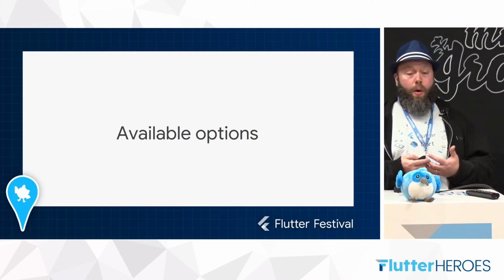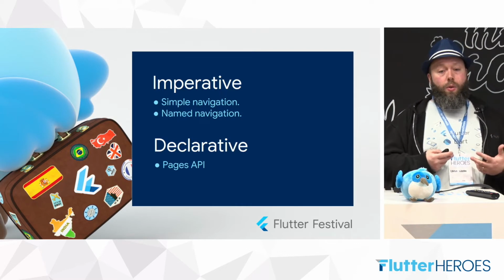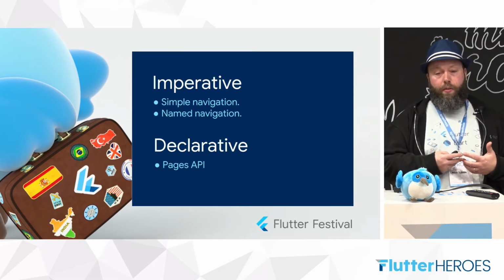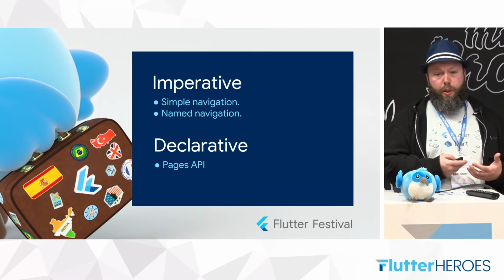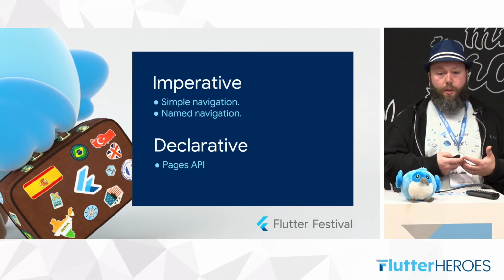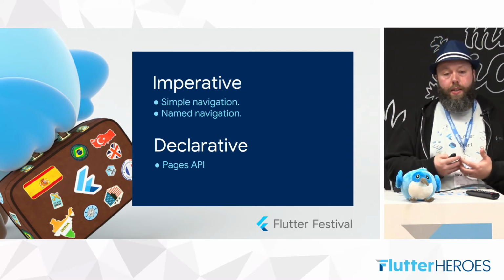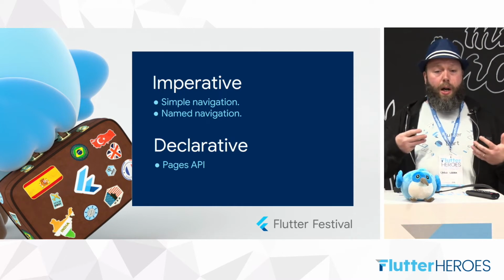Let's see what options we have for navigation. We have two main ways to define our navigation: the imperative one and the declarative one. The imperative is the most commonly used right now. Basically, it's the simple navigation, the first one you usually learn when you start with Flutter, and the named navigation, which is really useful, especially on web, because we can compose our URL by using named navigation.